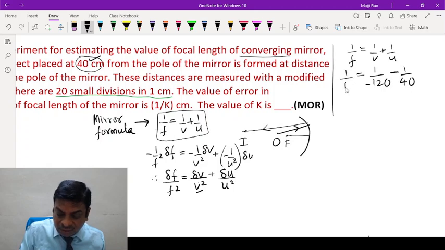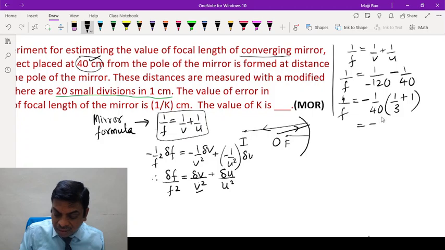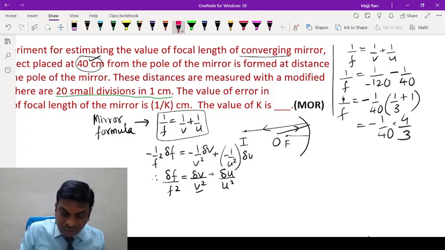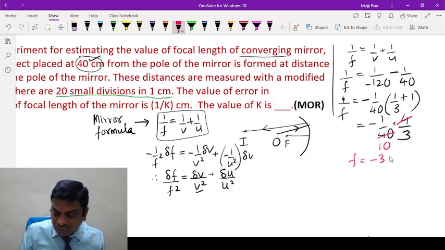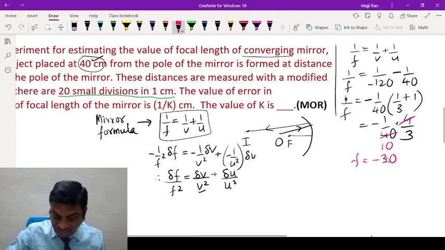So we require f. So f will also automatically be a negative value. So this will be minus 1 by 40. If I take common, I have 1 by 3 plus 1, which is 4 by 3. So here as you can see 4 gets cancelled. So f is minus 30. So numerically it is 30 cm.